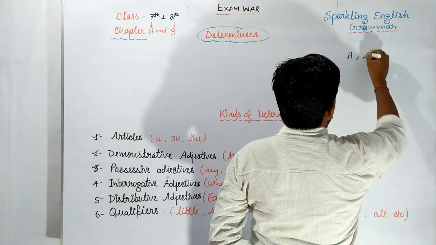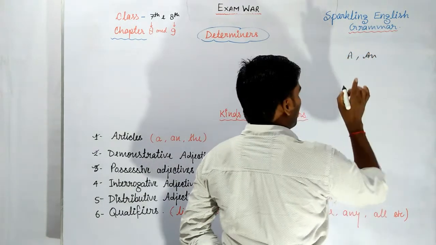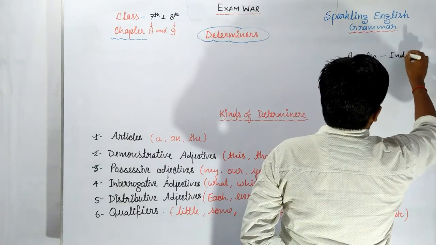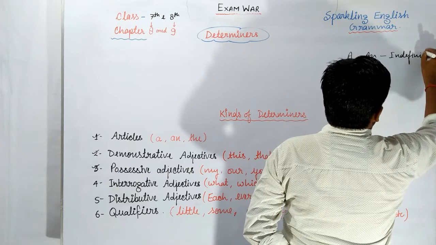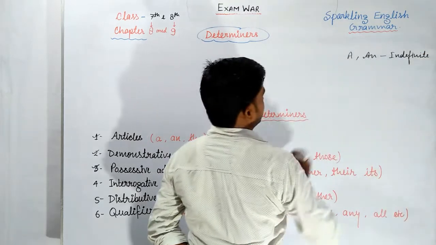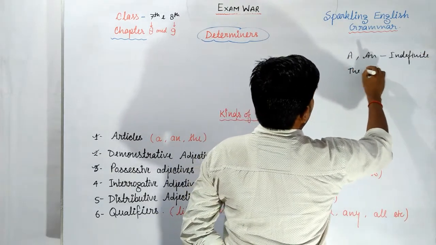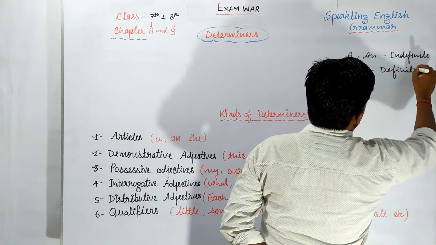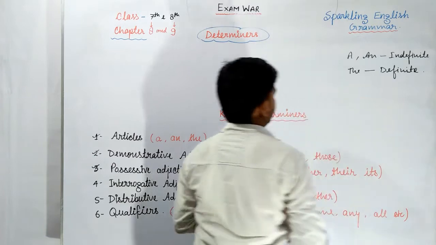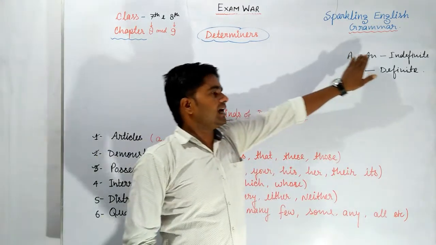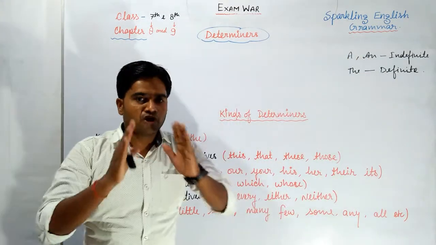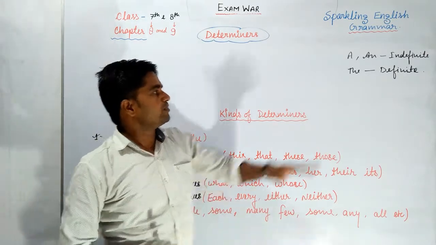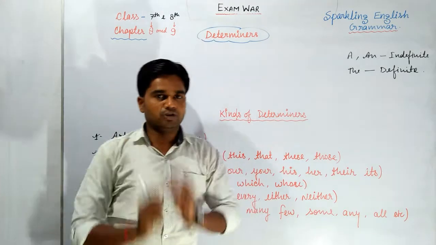A and an are both indefinite articles, while the is the definite article. A and an are used with a common noun that is singular and countable, and the is used with a particular noun.